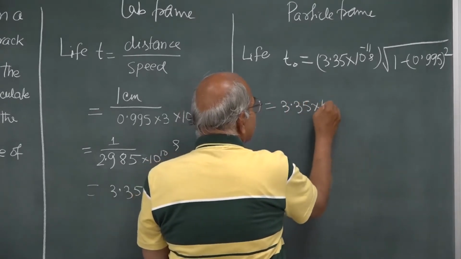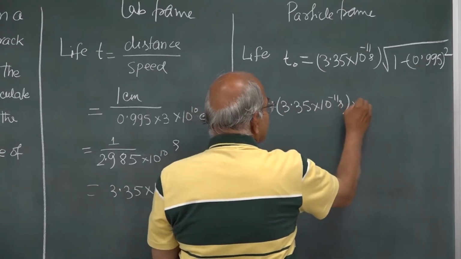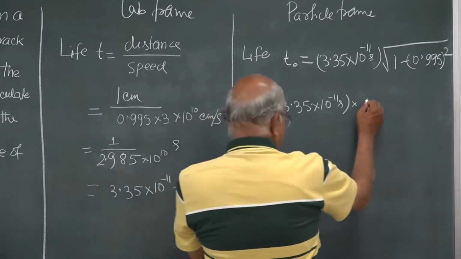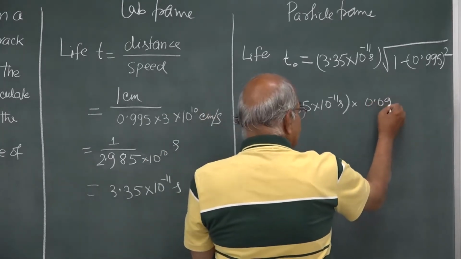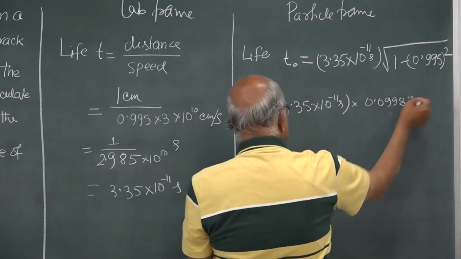3.35 into 10 power minus 11 second, and then multiplied by 0.0998 and so on, 7, something like that.